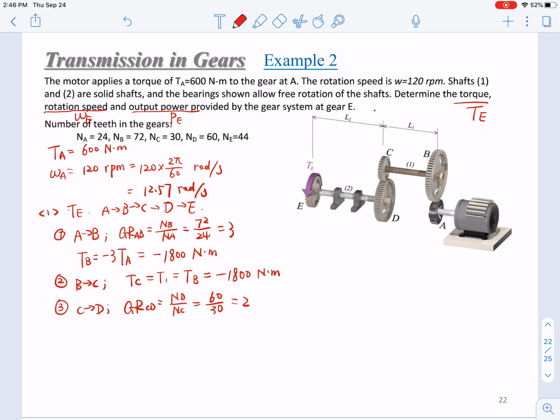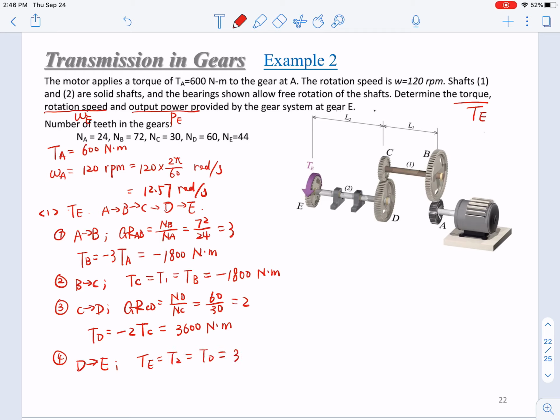Right, so TD equals what? Equals negative 2 TC. This will be positive 3,600 Newton meter. Right, then from D to E, they're connected by shaft 2. Here just TE equals T2 equals TD.